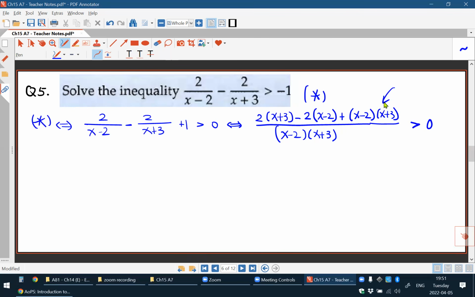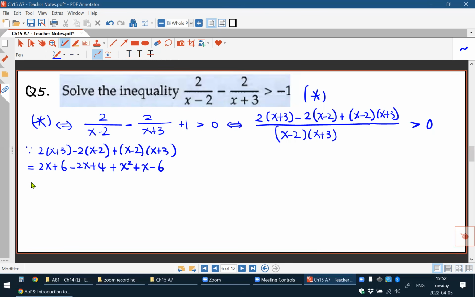Then we simplify the numerator here. So 2 times x plus 3 minus 2 times x minus 2 plus x minus 2 times x plus 3 equals 2x plus 6 minus 2x plus 4 plus x squared minus 2x plus 3x, that's plus x, then minus 6, right?